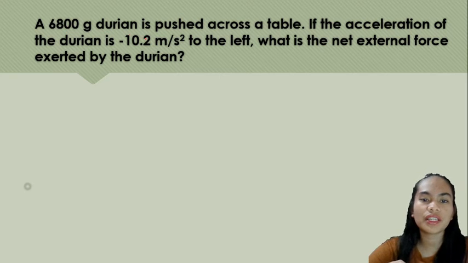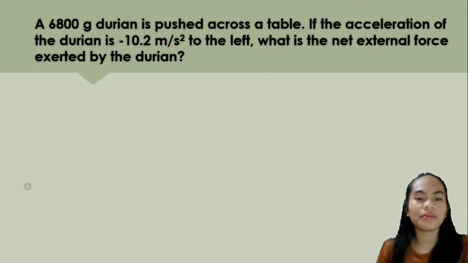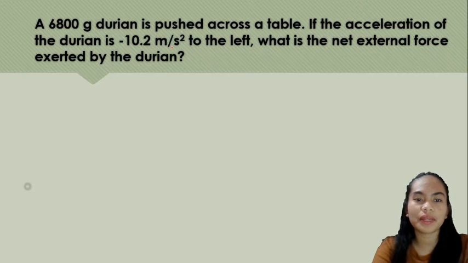Let's read the problem: a 6,800 grams durian is pushed across a table. If the acceleration of the durian is 10.2 meters per second squared to the left, what is the external force exerted on the durian?